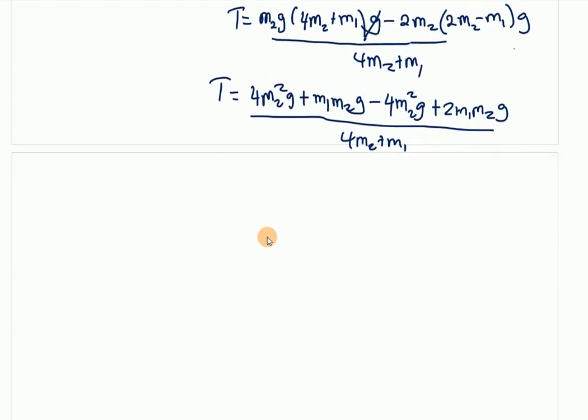When I work out here, I have that T is equal to the 4M squared G and the 4M squared G, they will cancel. Then M1 M2, 2M1 M2G.